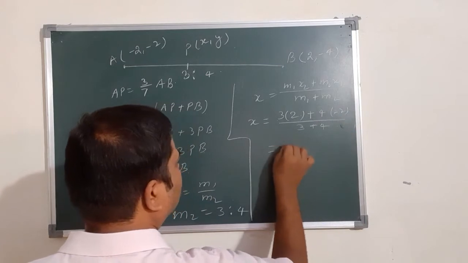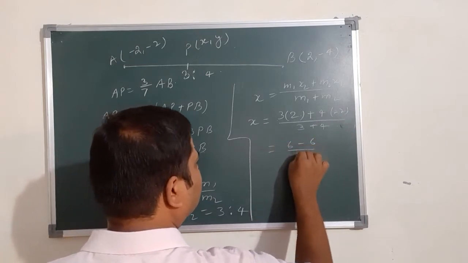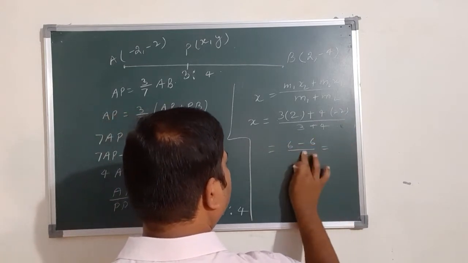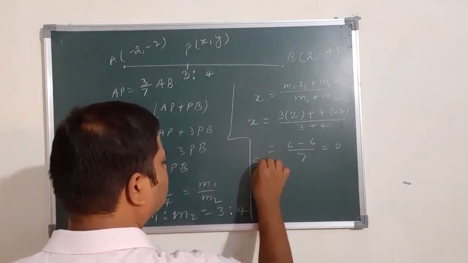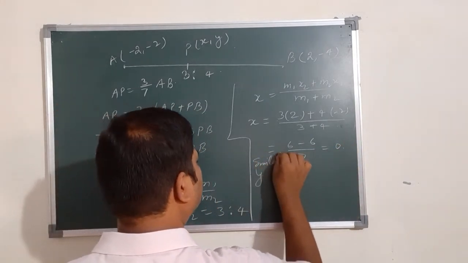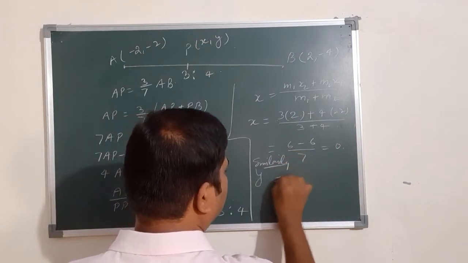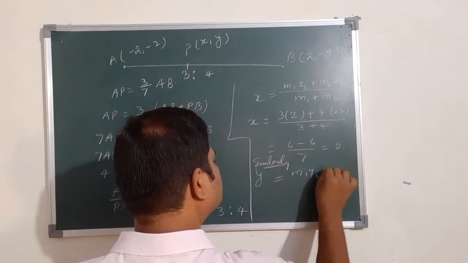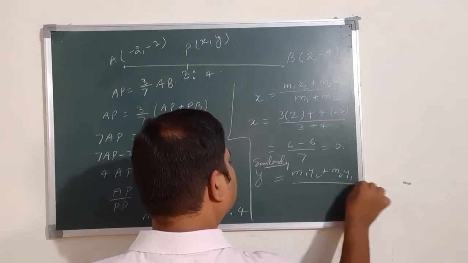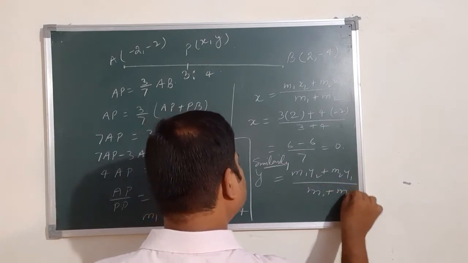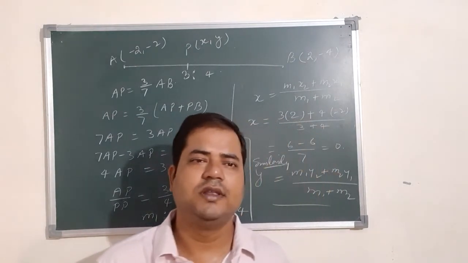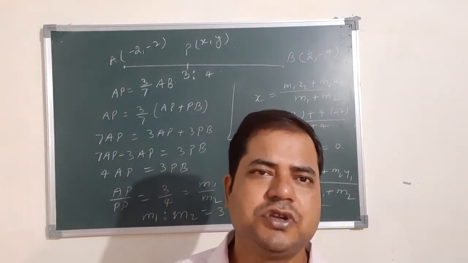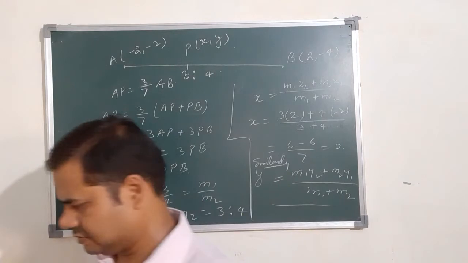So we have (6 - 8)/7... this gives 0. Similarly, y = (m1 y2 + m2 y1)/(m1 + m2), and we find this also. In this manner we have completed question number 8.